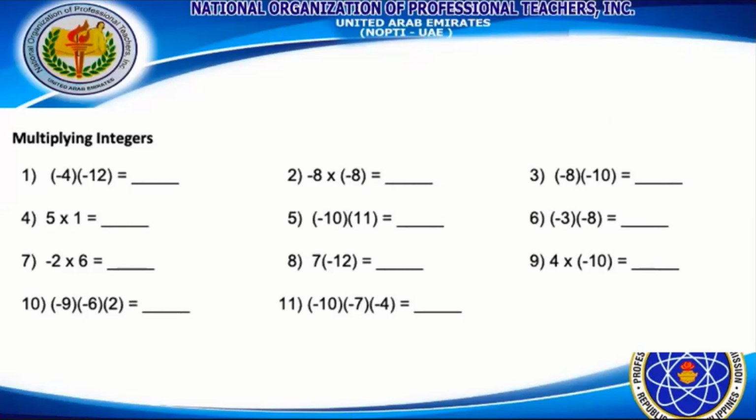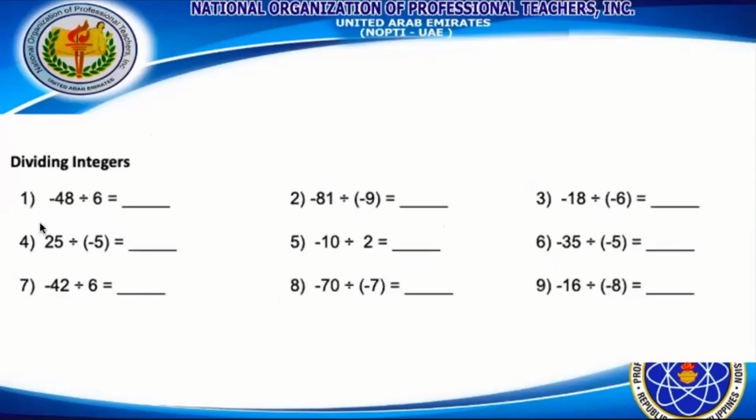Ayan, sisiw lang siya. Next, division. 48 divided by 6. Negative 8. Kasi unlike signs. Next, parehong negative. Answer is 9. Ito, parehong negative. The answer is 3. Number 4, unlike signs, negative 5 ang sagot.